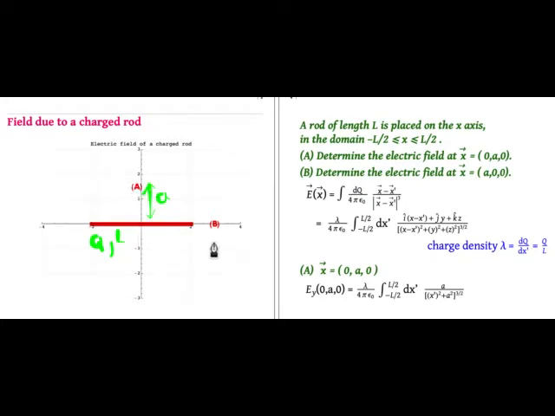And then let's redo the calculation for another point, B, which is located somewhere on the axis of the rod.